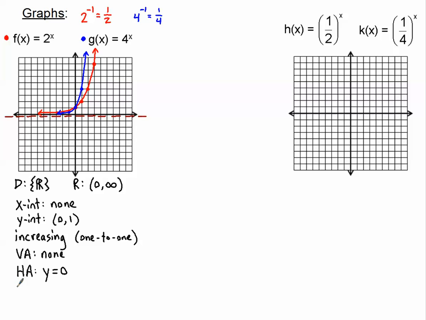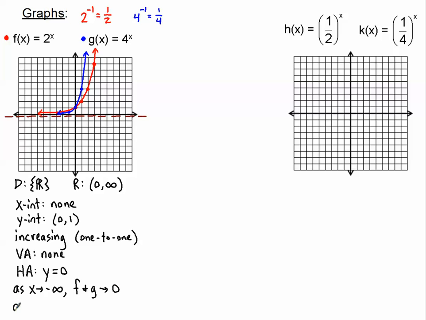So exponential curves have horizontal asymptotes. Let's talk about the end behavior. We do have two ends, and they're doing something differently on both ends. So let's talk about the far left end. As x is decreasing all the way down to negative infinity, you can see that both of the curves are trying to reach the value of the horizontal asymptote. F and g are both trying to approach 0.